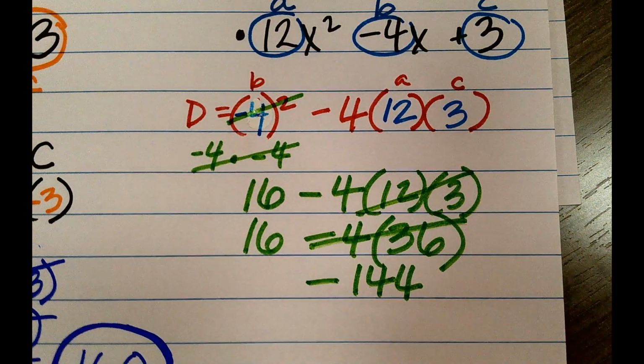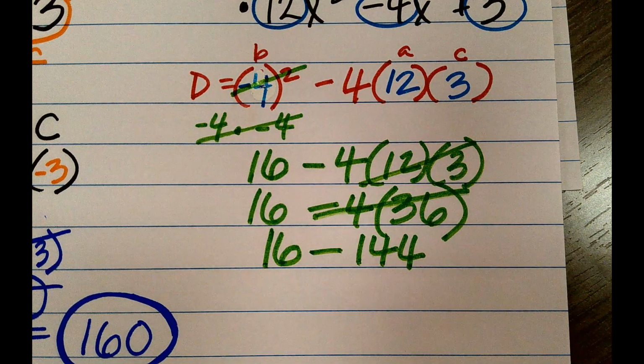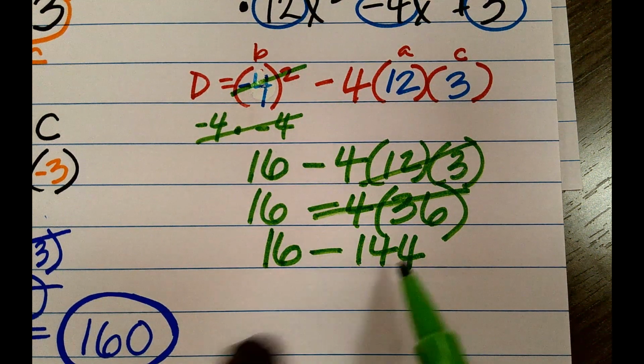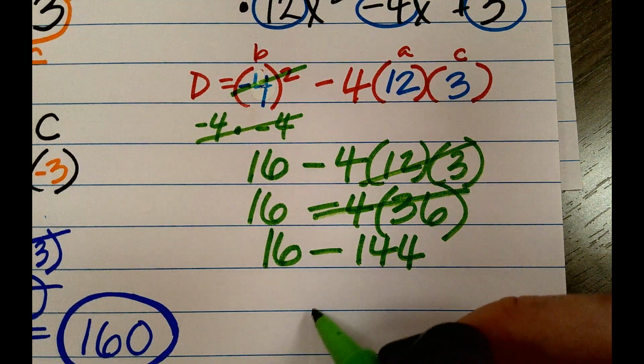Now you bring down 16. Now we are subtracting. So 16 minus 144. Yes, yes, yes. And you'll get -128. Good job.